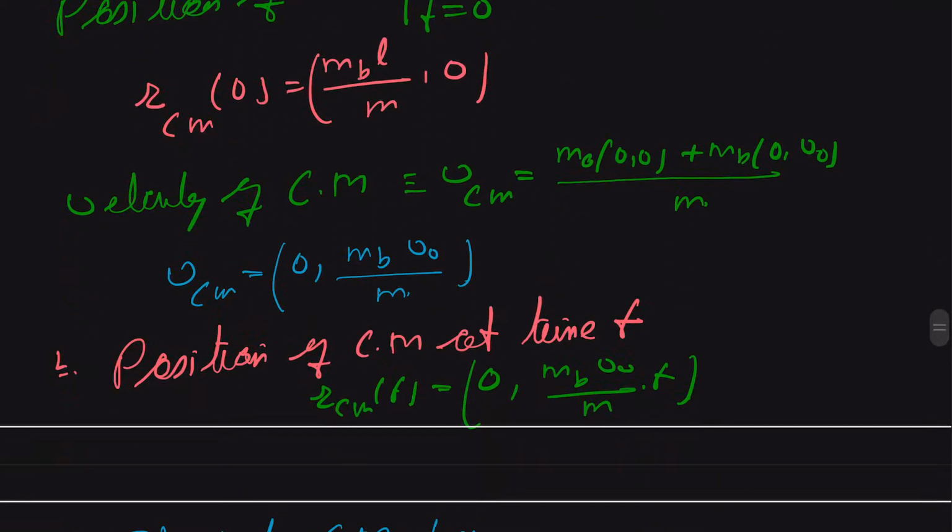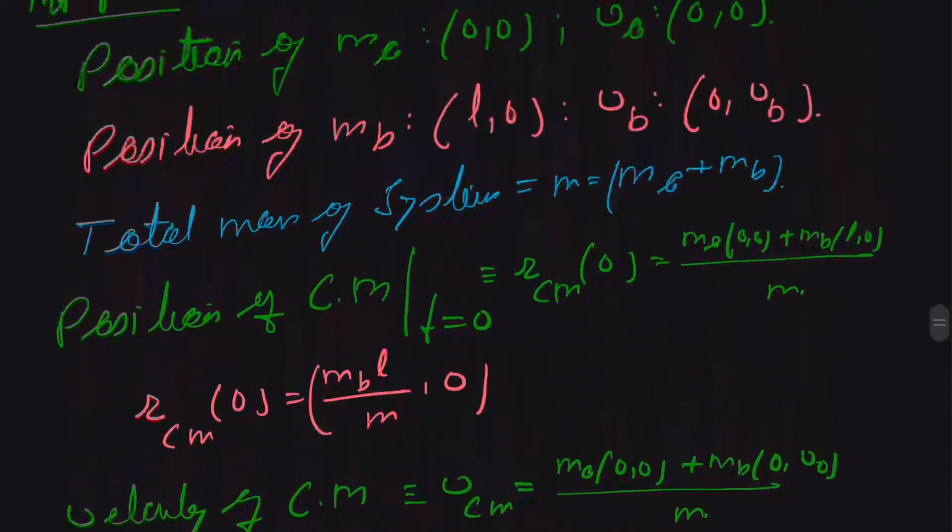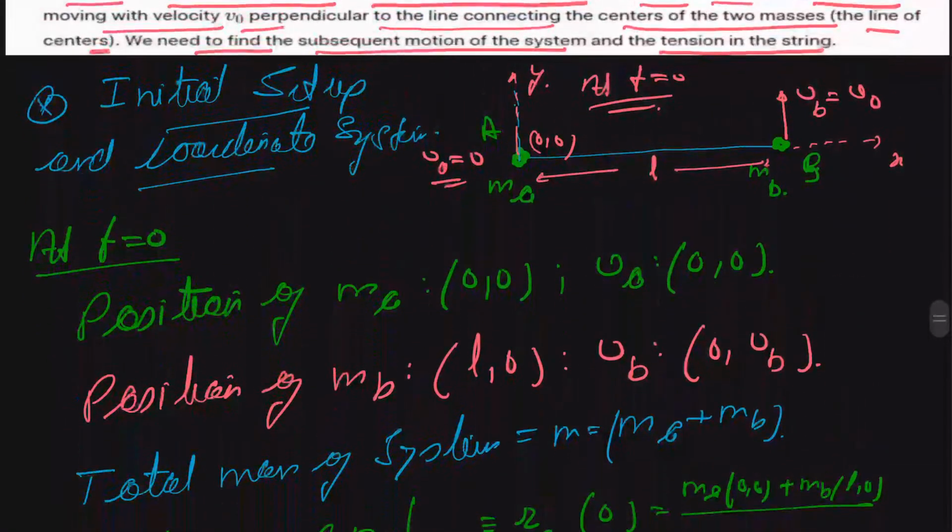We calculated the velocity of the center of mass, that is VCM, and we considered that the origin was our mass A.